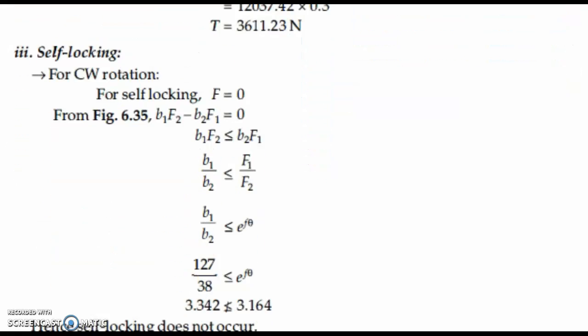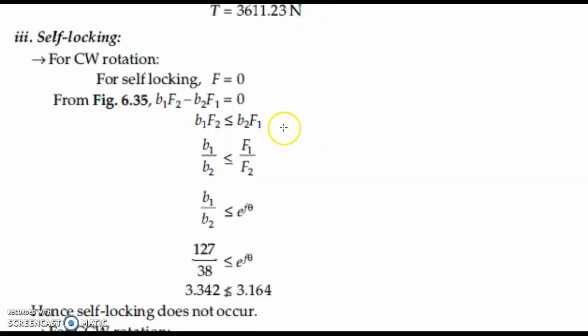Then self-locking. For the self-locking equation, for the clockwise rotation, the value of F is equal to 0. We already took the moment equation: B1 into F2 minus B2 into F1 is equal to 0. That is, B1 into F2 should be less than or equal to B2 into F1, or B1 by B2 less than or equal to F1 by F2. F1 by F2 we know is e raised to mu theta.